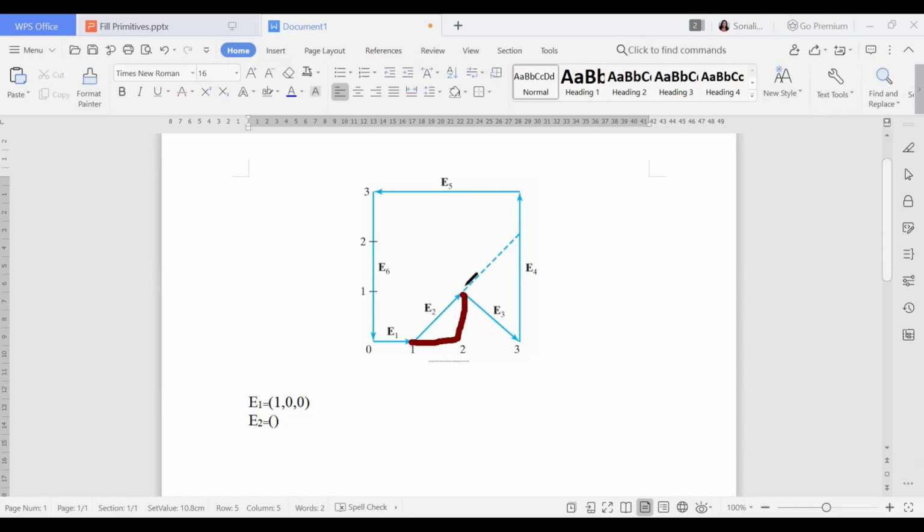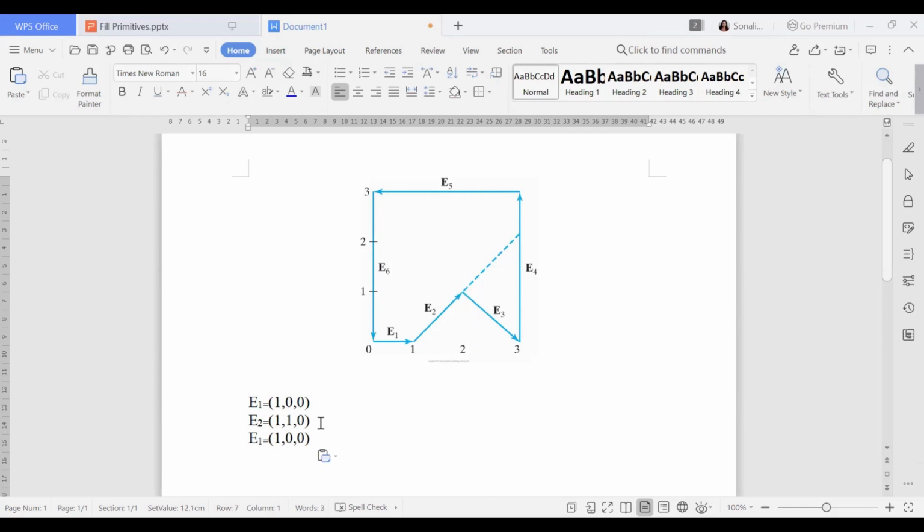I have not come down from y. You can see this is my arrow mark and then I have gone up. So I will write down here that I have gone towards the x-axis, then I have moved towards the y-axis, and I have not moved towards the z-axis. So it will be 0 because everything is in the xy plane.